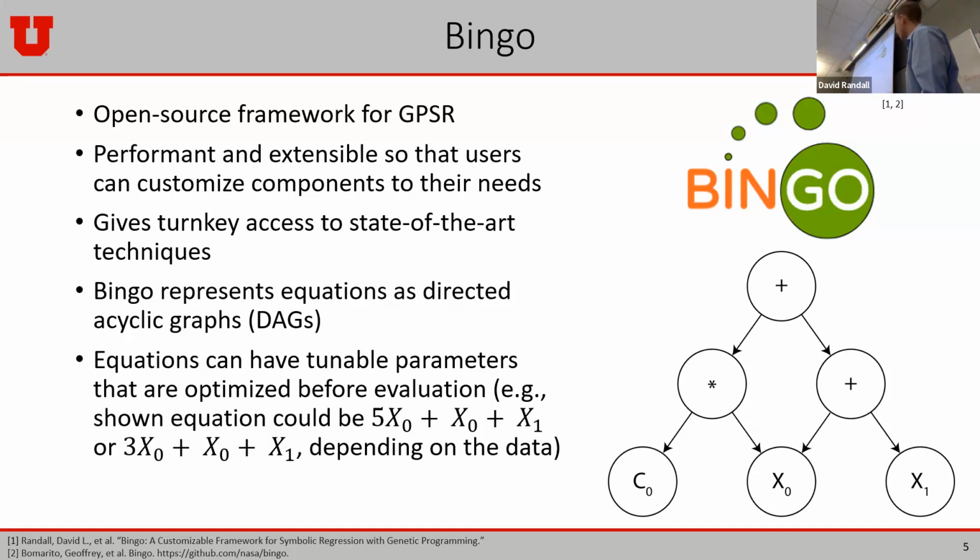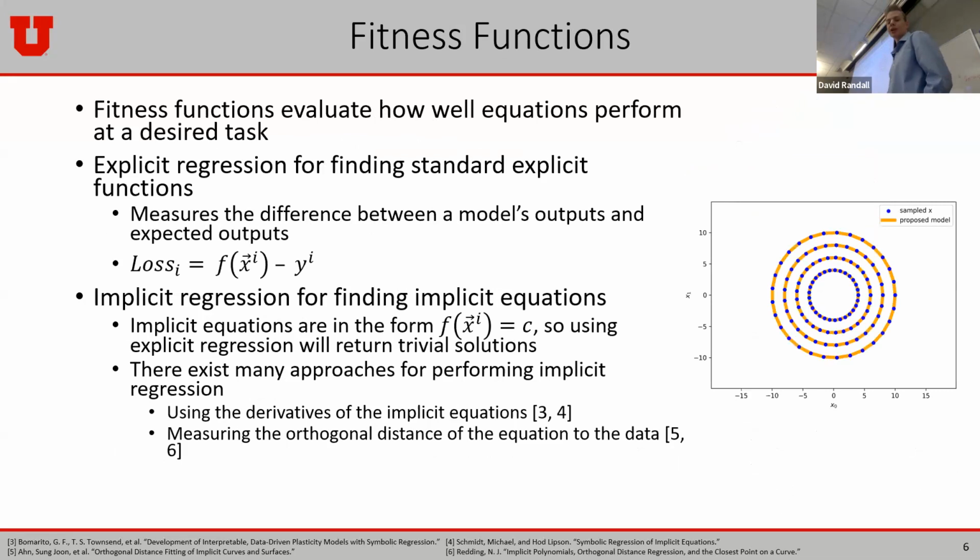Another thing we need to understand is that these equations can have tunable parameters. In this case, this equation has C0, which can be any numeric constant, depending on the data. The way that these are determined is that before equations are evaluated, an optimizer will set the parameters to whatever best fits the data. Another thing we need to understand about Bingo is that it uses fitness functions.